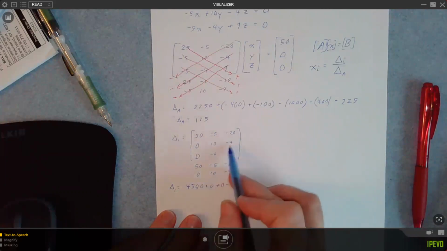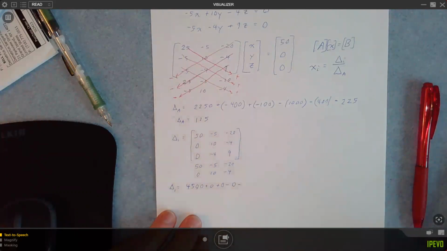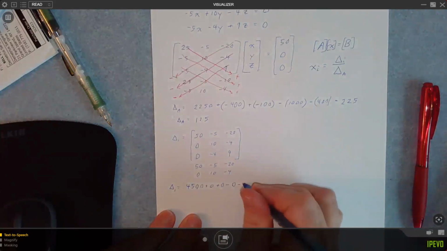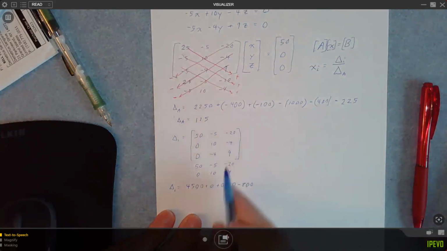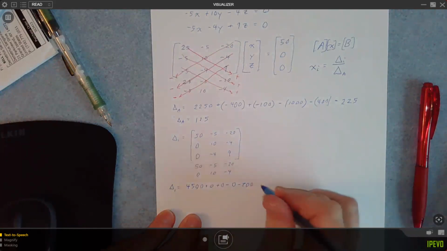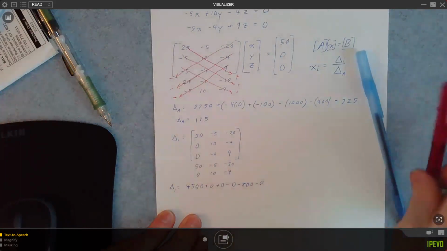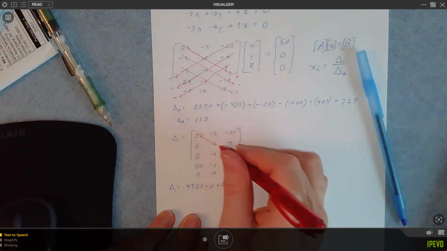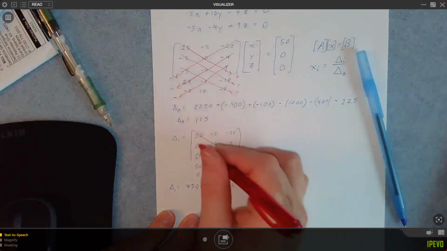Here we've got 16 times 50, right? So we're going to have a minus 800. And then here we're going to have a minus 0. So again, just drawing the lines this way, plus.